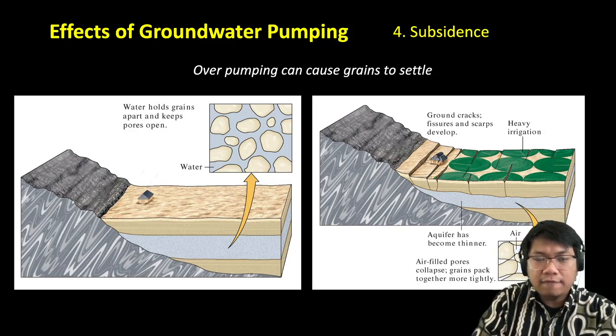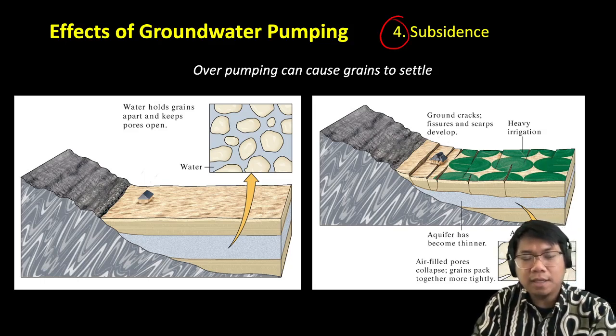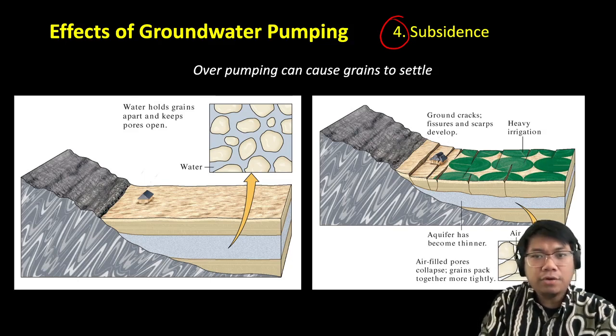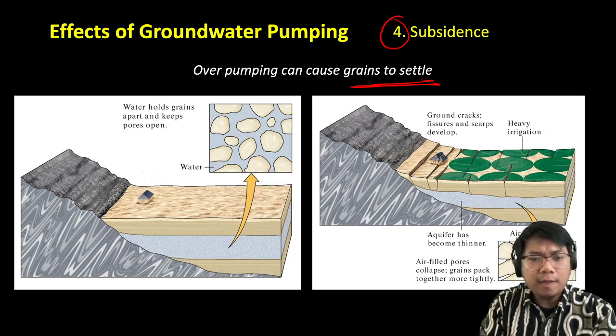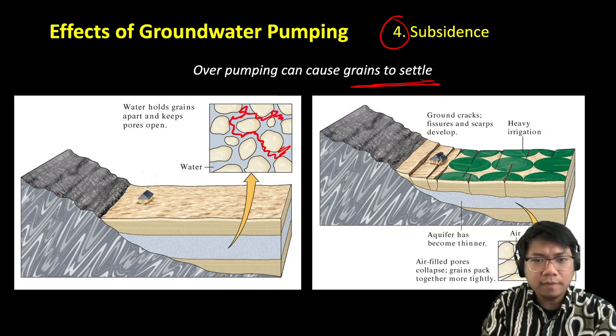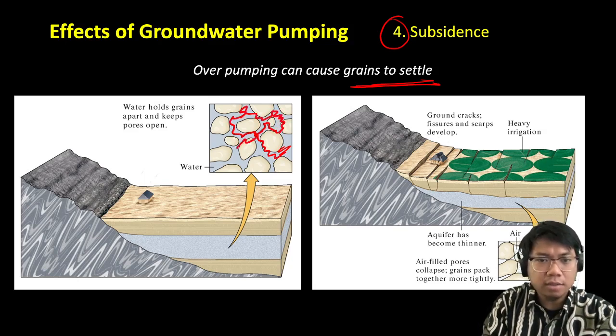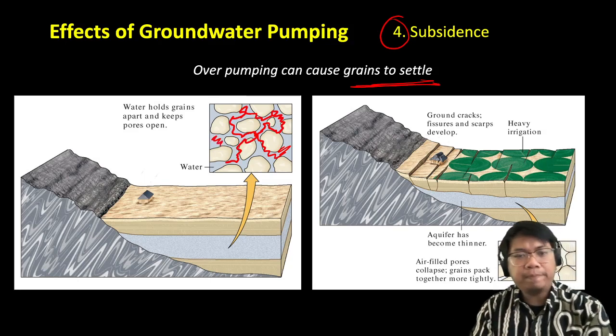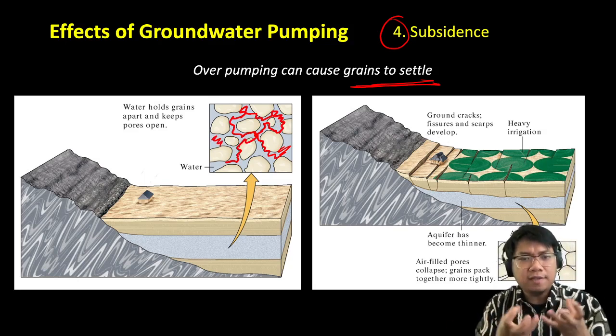The next effect of groundwater pumping is land subsidence. Overpumping can cause grains to settle. So what does this mean? Remember that groundwater is mostly stored in pore spaces, like the spaces in between the grains of the rocks. This water occupies some space.